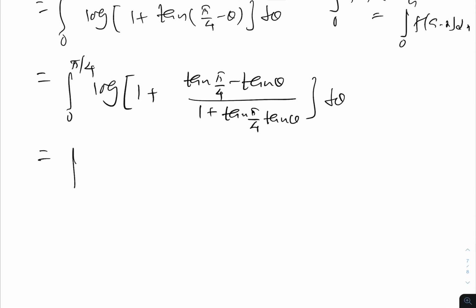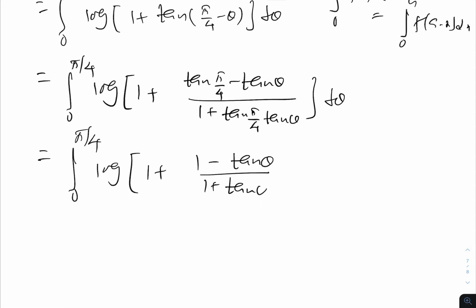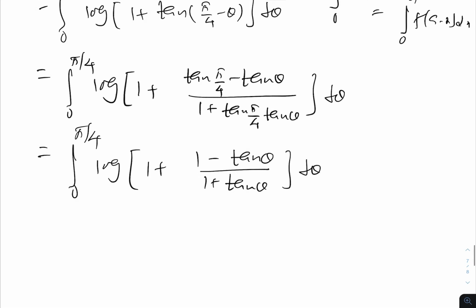So this is equal to integration 0 to pi by 4 log of 1 plus (1 minus tan theta) over (1 plus tan theta) d theta.